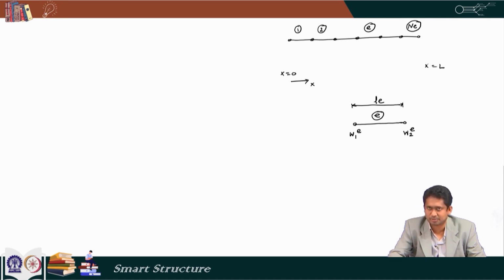So, the superscript denotes element number and the subscript denotes the node number. Similarly, I define the slope here. The slope of W at node number 1 of element number E is del W by del X 1E, and this is del W by del X 2E.